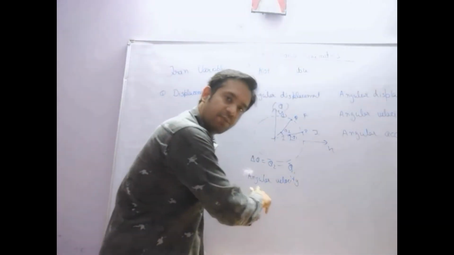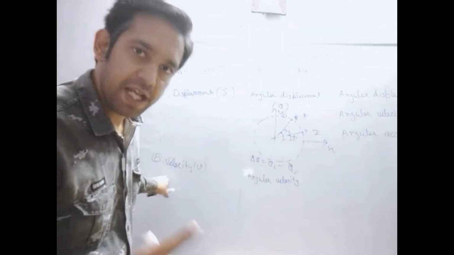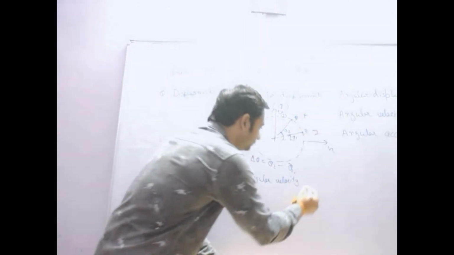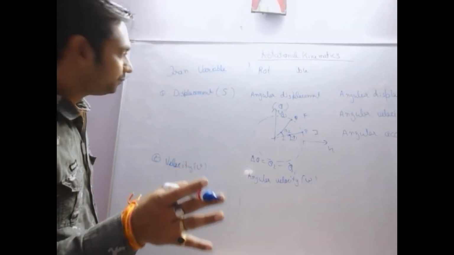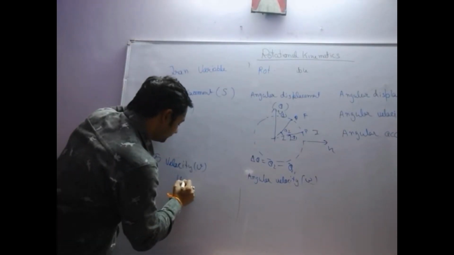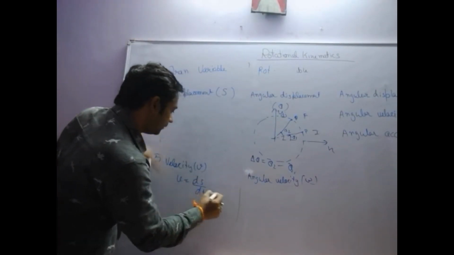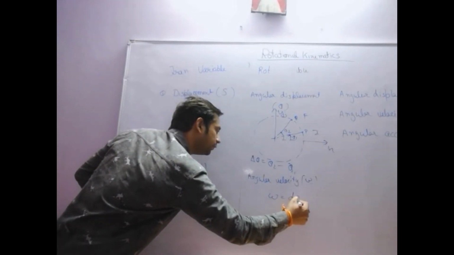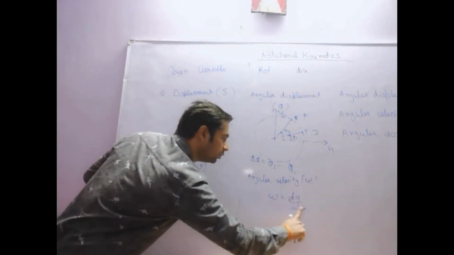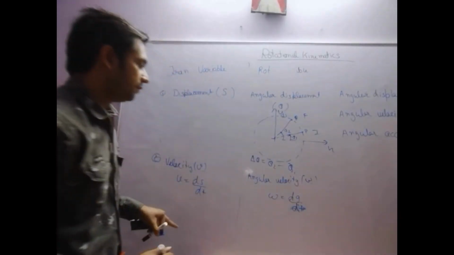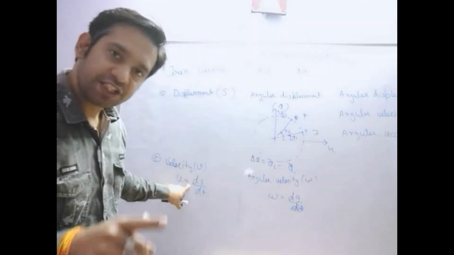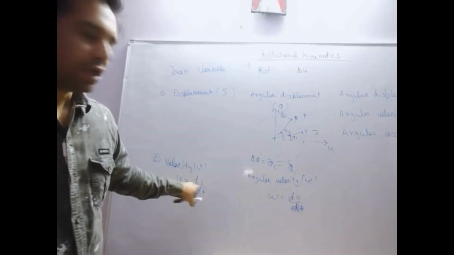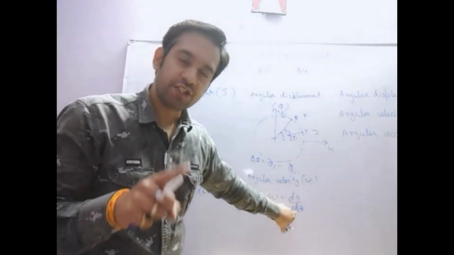Linear velocity is represented by v, and angular velocity is represented by omega. Similarly, velocity is the rate of change of displacement, ds by dt, and angular velocity is the rate of change of angular displacement.